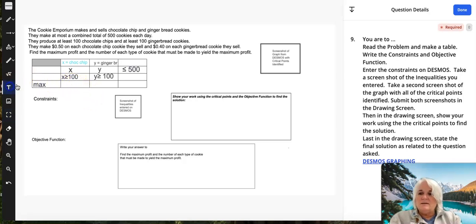So I want a text box, and I want 50 cents X, 0.50 X here.